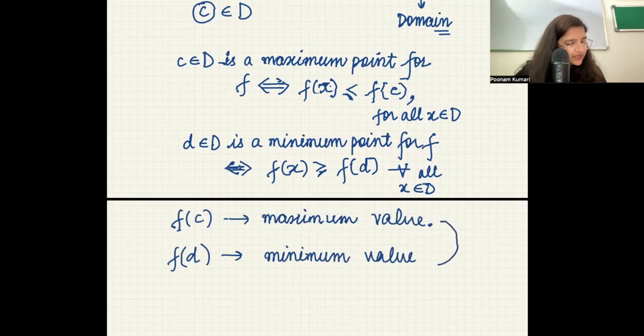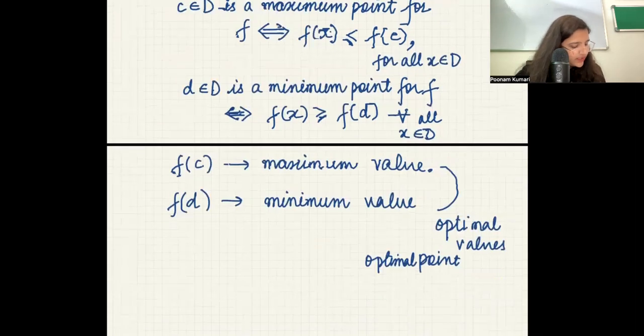So what are these different values called? We call these values optimal values. So these are called with different names like optimal values. You can also call it optimal point. You can also say that these are extreme points.